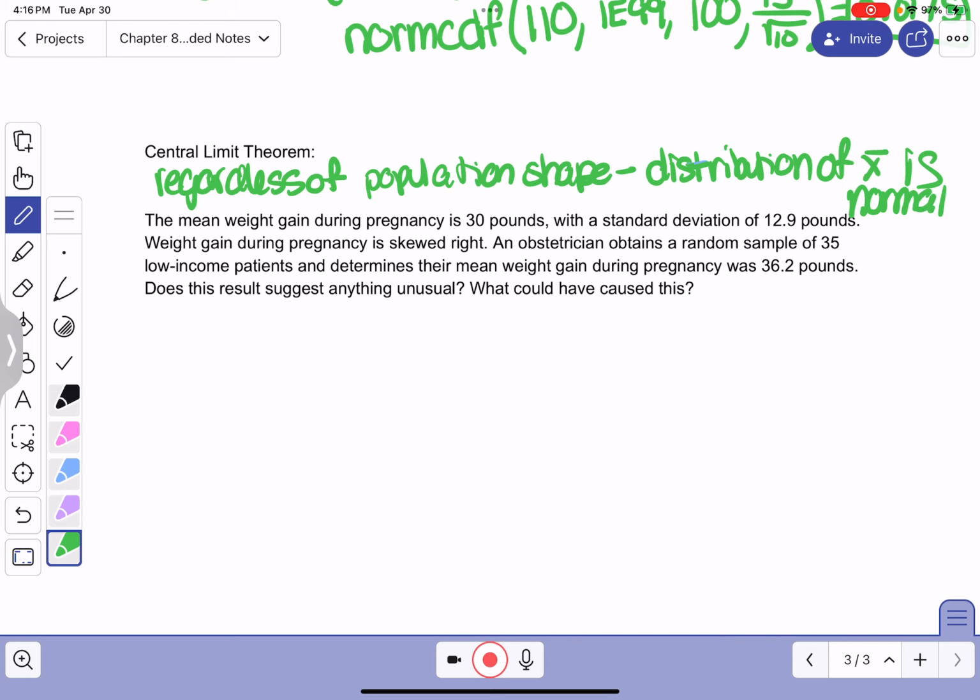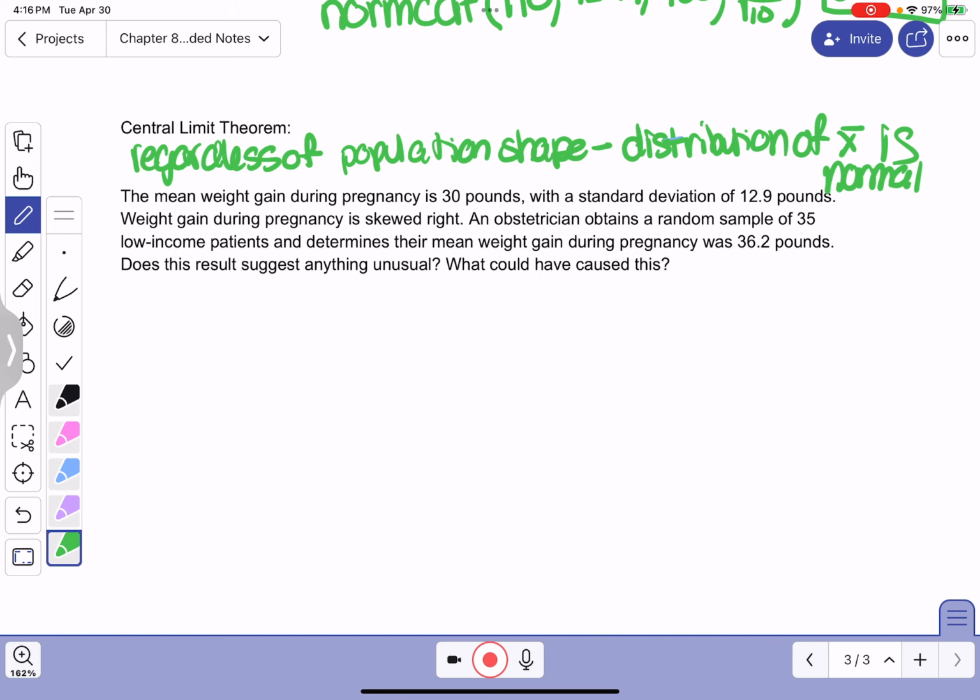So because we're doing the distribution of samples, it becomes normal and symmetrical. That's why we can use norm CDF.